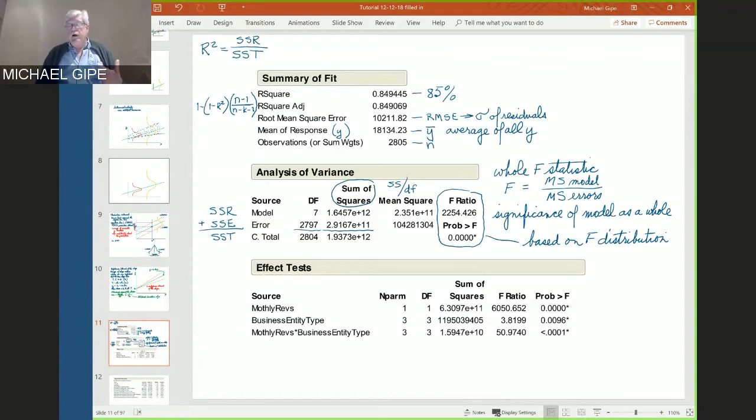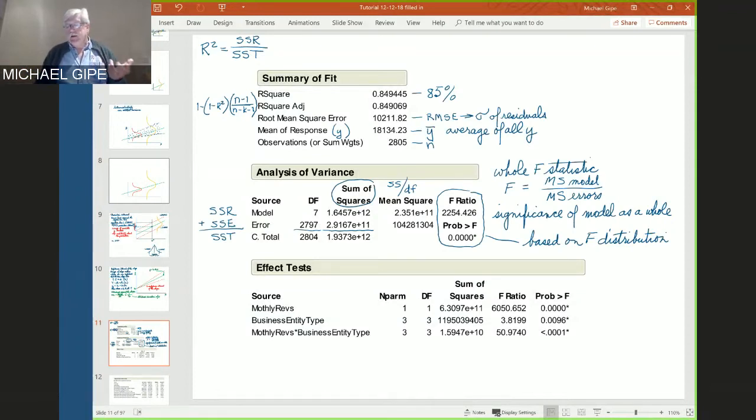It's an evaluation of the whole model itself. So if this F ratio is fairly high, then we know that the model itself is significant. And if it's low, then the model is probably not reliably significant.